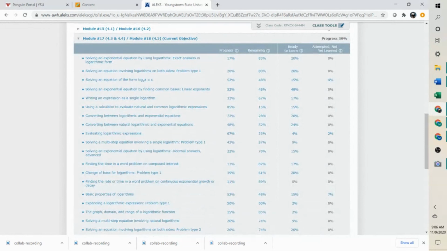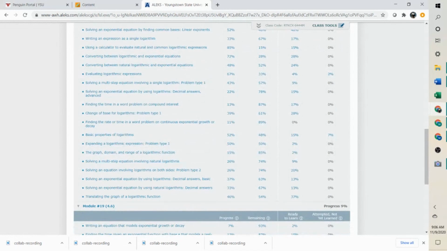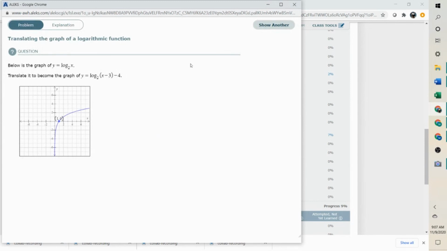You're making me do that one first before I can even unlock that one. But it actually starts with graphing, or is it this translating one? It might be the module before. You have to plot 2 points on the graph of the function and also draw the asymptote. Yep, this one we're just shifting.